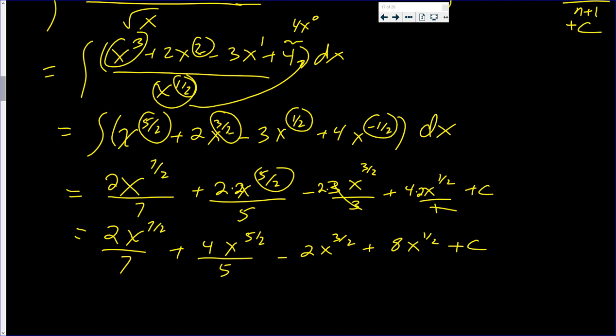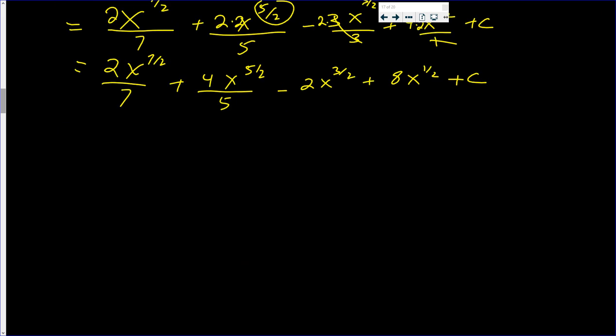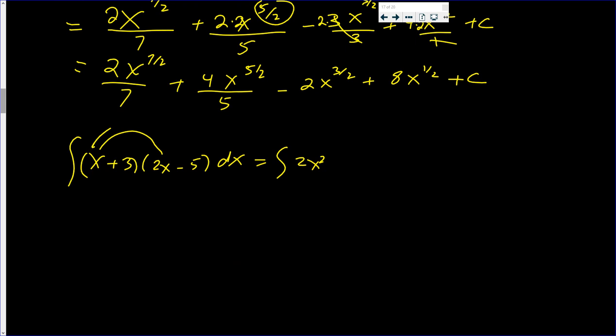Now, suppose you were given this problem. The integral of x plus 3 times 2x minus 5 dx. Well, if you FOIL it out, you'll get 2x squared minus 5x plus 6x, so that's plus x, minus 15.